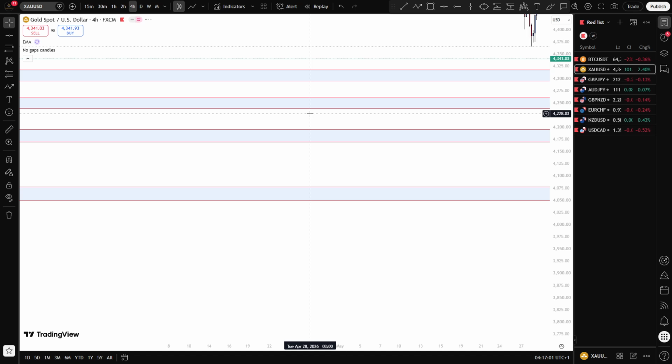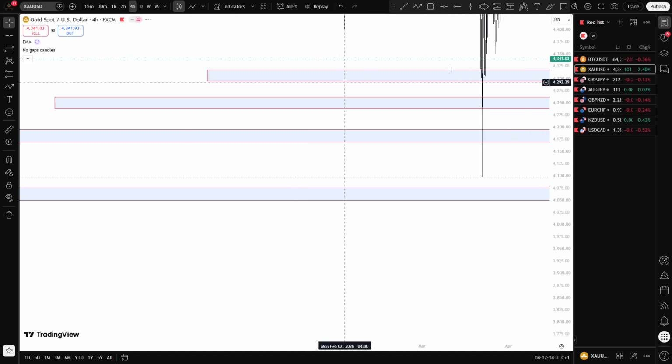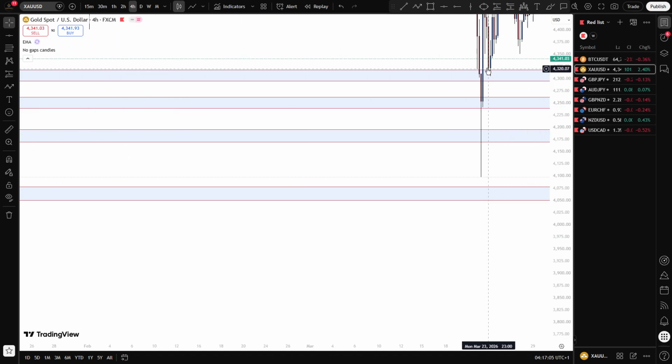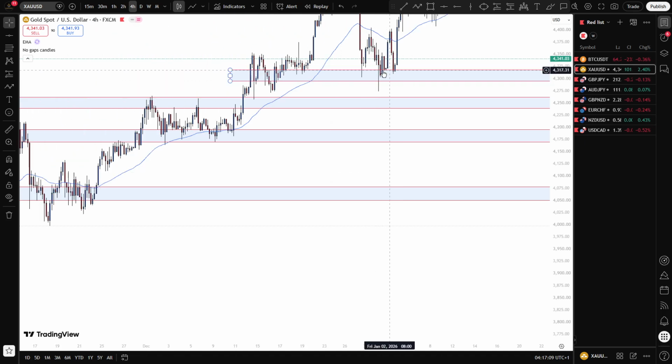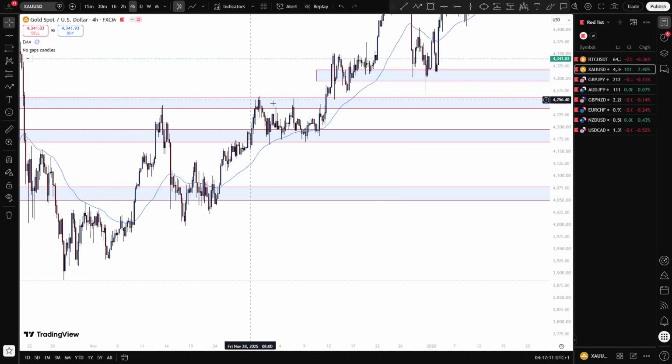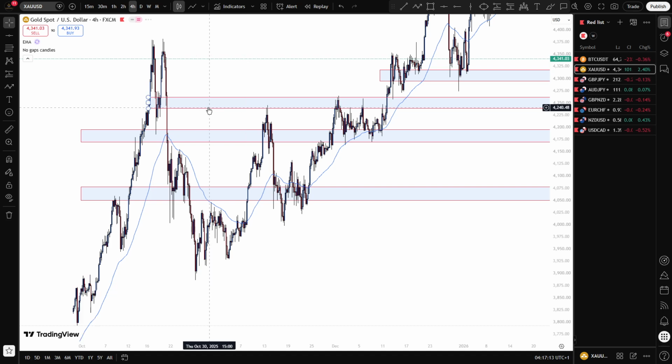So it was used as support over here, and this is the second zone also, so it's a very strong zone.